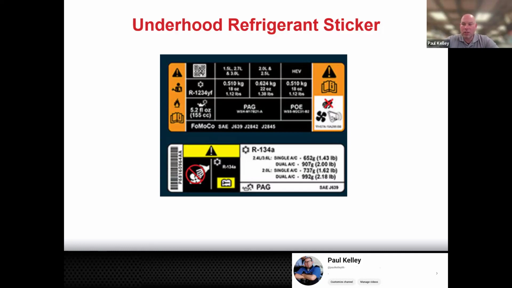Actually, by the book, you're supposed to remove all the parts and drain them into an oil drain pan, and then get all that oil and put it into a test tube, like a laboratory beaker, if you will, and measure how much oil was in there. And then if you drained all the parts, you'd put your 5.2 fluid ounces back in.